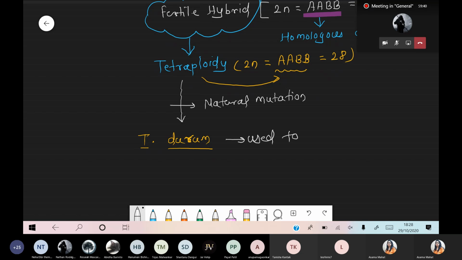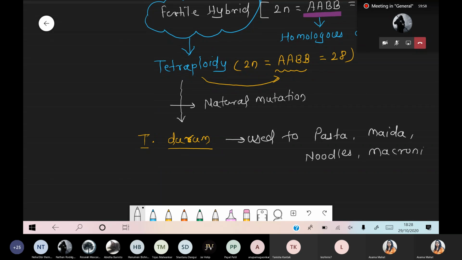It is used for preparation of pasta, maida, noodles and as well as macaroni.